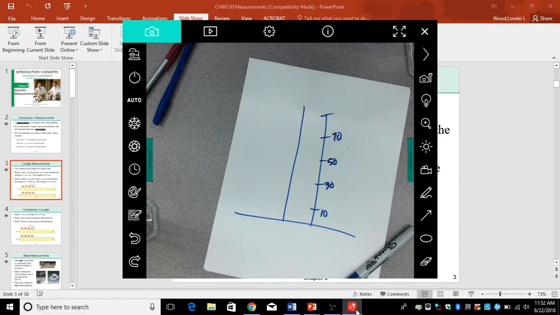That must be what here? 20, 30, 40. So if that's 20, each of those little marks must be 2. All right, so there's 30, 2, 4, 6, 8, right? 30, 2, 4, 6, 8.